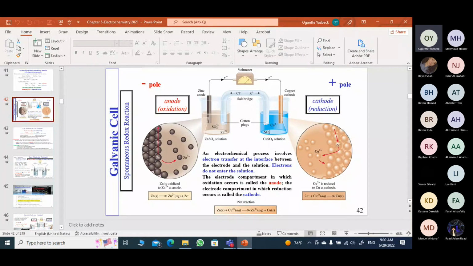The main idea is when you write a galvanic cell, always put the anode half reaction where oxidation occurs on the left hand, reduction on the right hand. You must include a salt bridge.